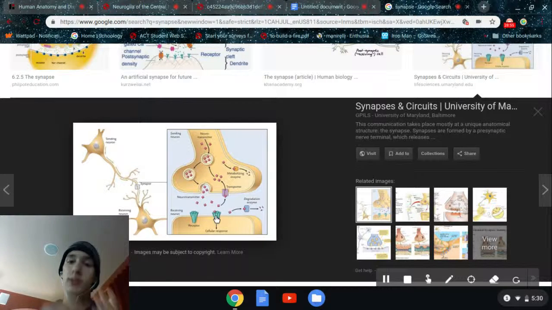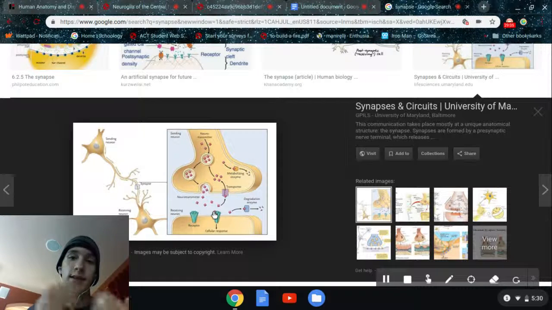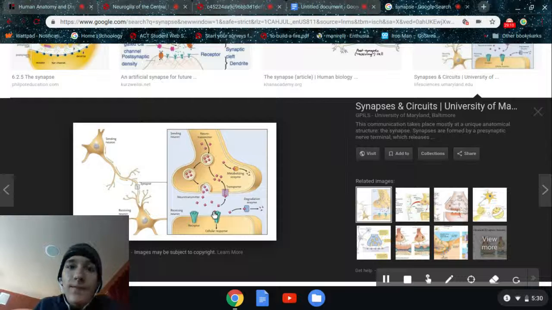So in some cases, the same neurotransmitter will make it harder for a neuron to fire, which is good in some cases, like say we want to not feel pain for a little bit. We have certain chemicals called endorphins that help with that by opening chlorine gates instead of sodium gates.